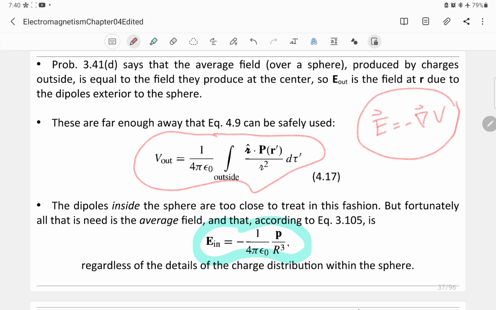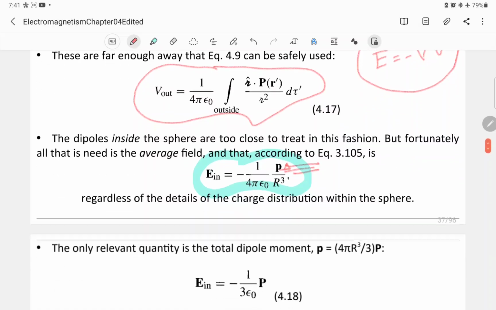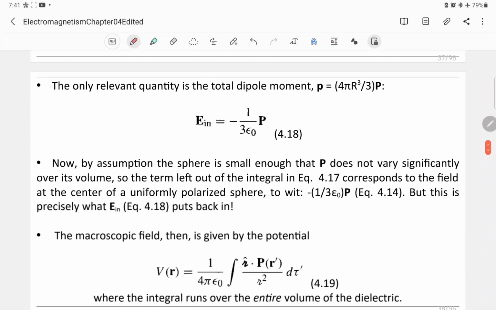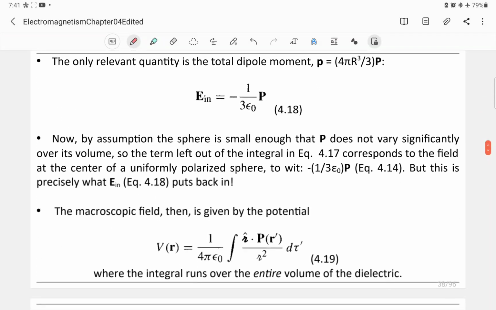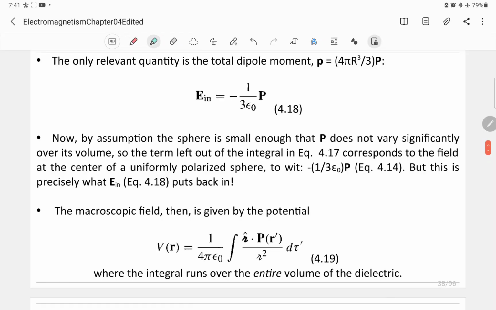But this one here is also related to the polarization. The P, dipole moment here, is related to the polarization, which is just equal to this, so that the field inside would just be this.